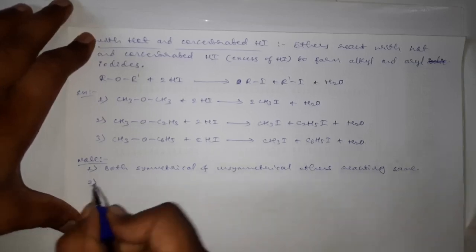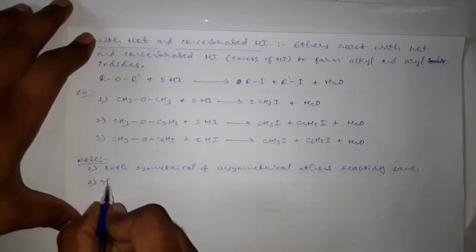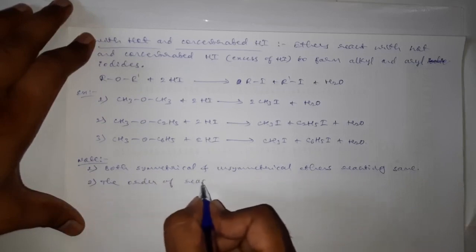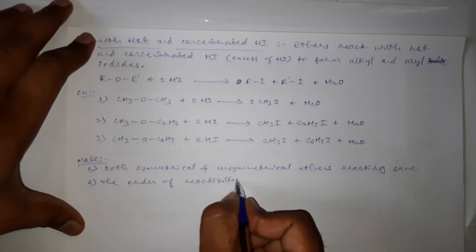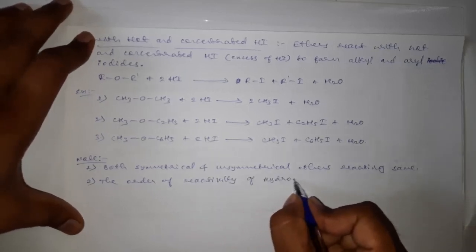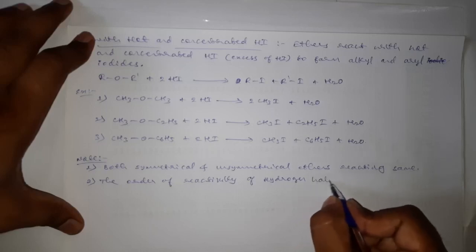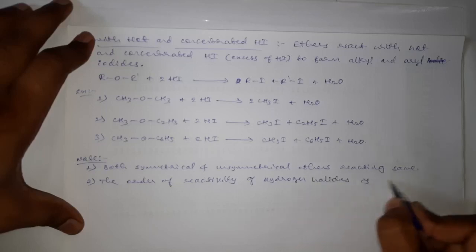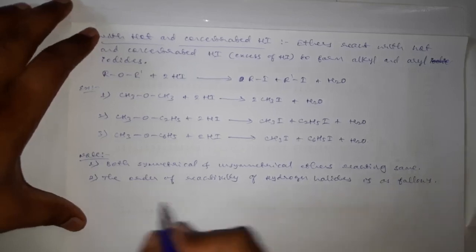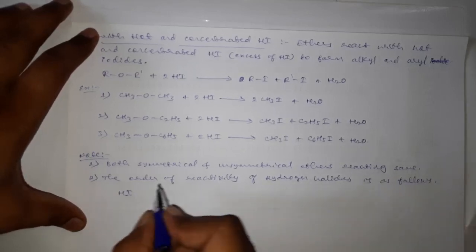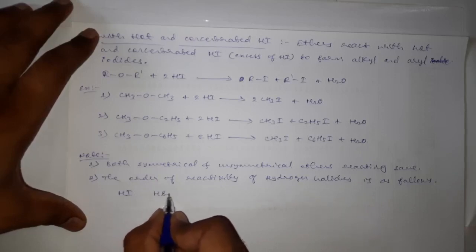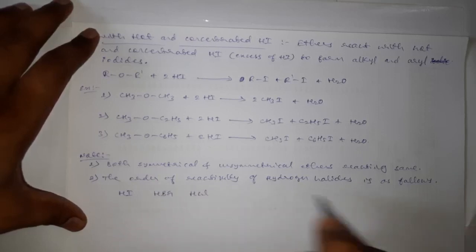And the second note is the order of reactivity of hydrogen halides. We are using HI, hydroiodic acid, and hydrogen bromide, hydrogen chloride.